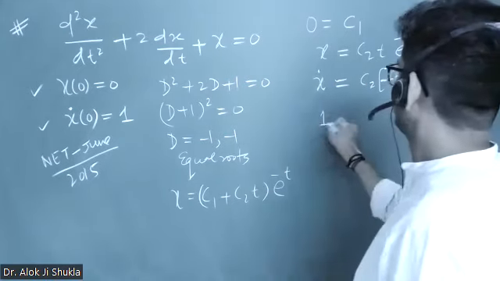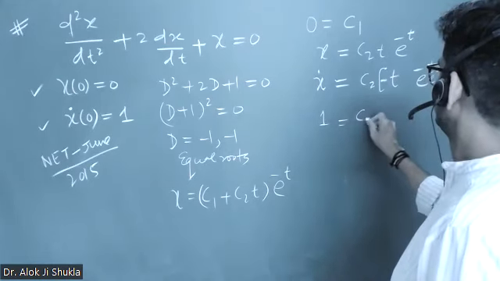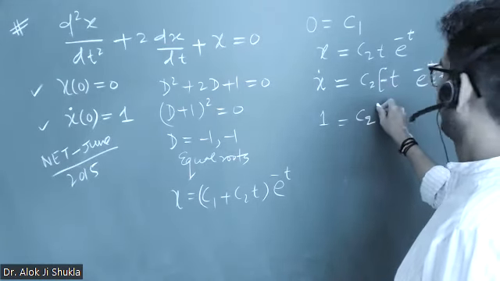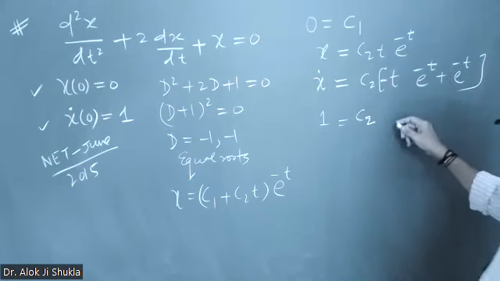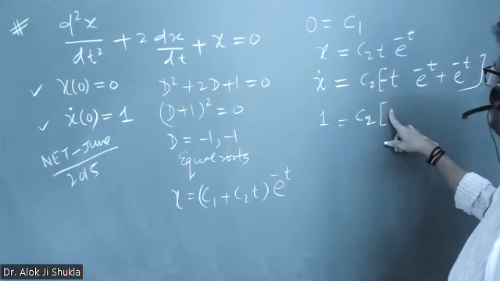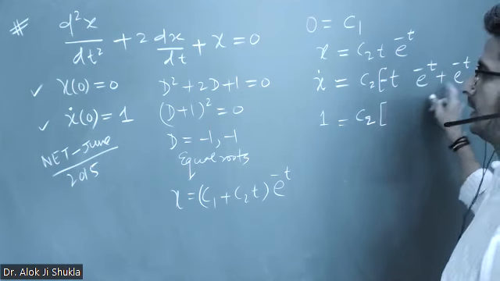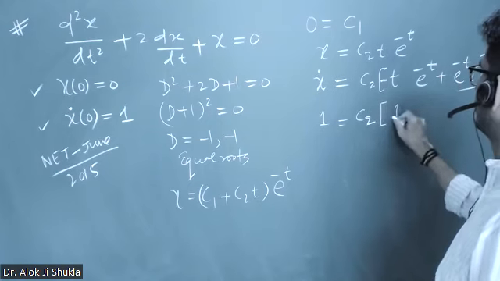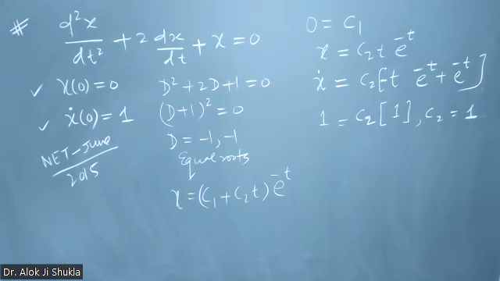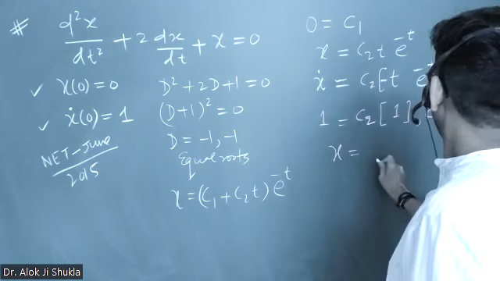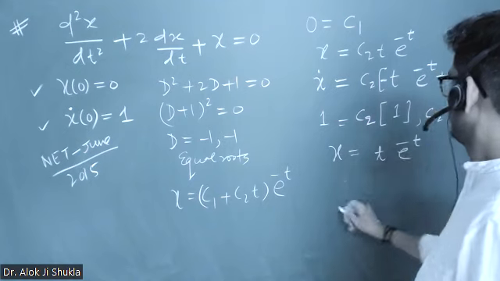So 1 is equal to c2, since x dot (0) is 1. So c2 we got as 1. So your solution x is now t e to the power minus t.